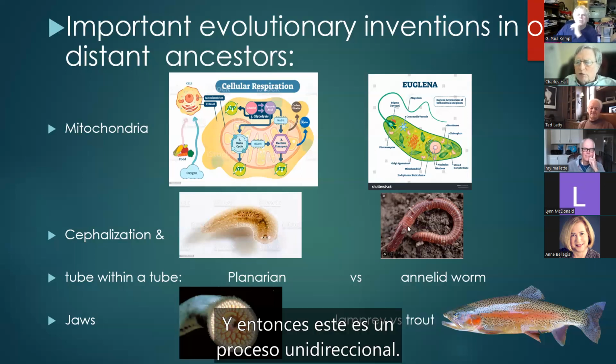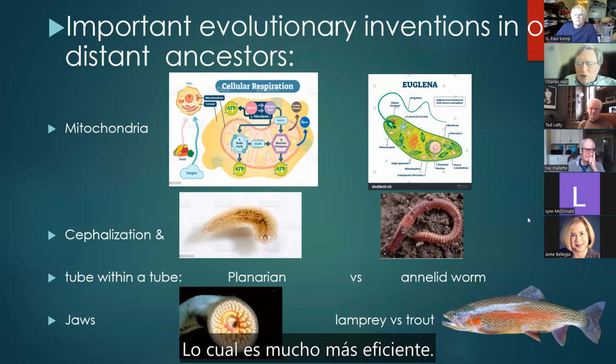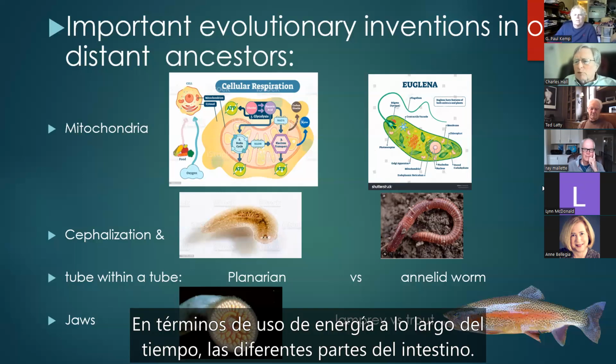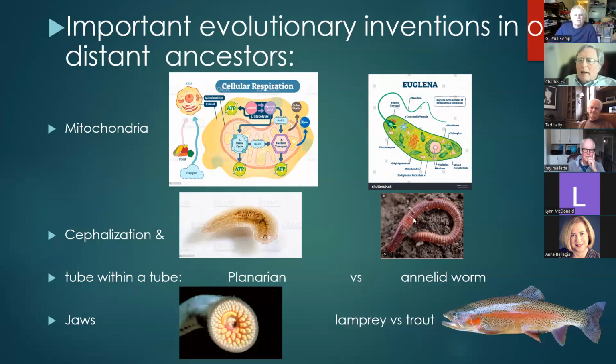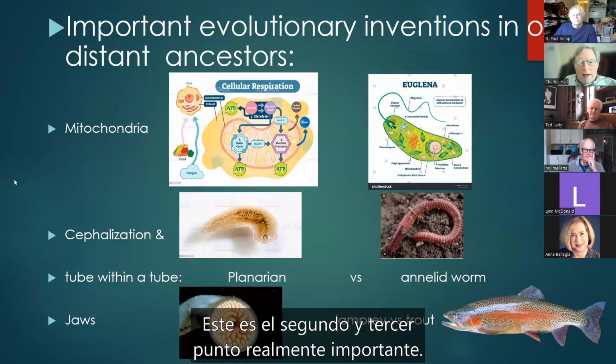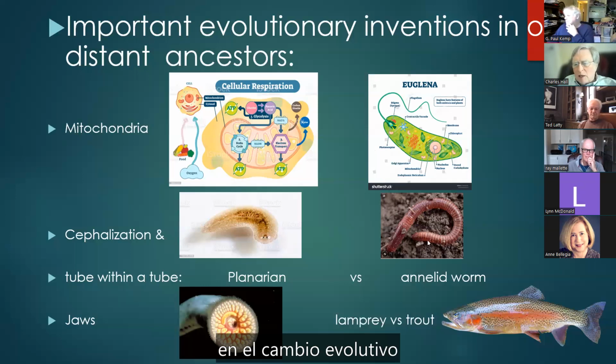And so this is a one-way process, which is much more efficient in terms of using energy over time, so that different parts of the gut, certainly as is the case with us, are specialized to process the food in different ways. So that's a second and third really important evolutionary change.